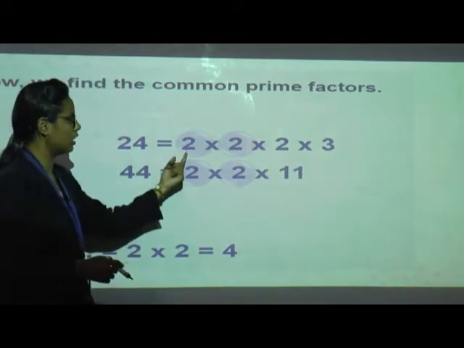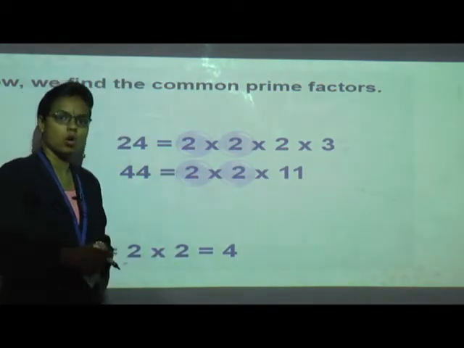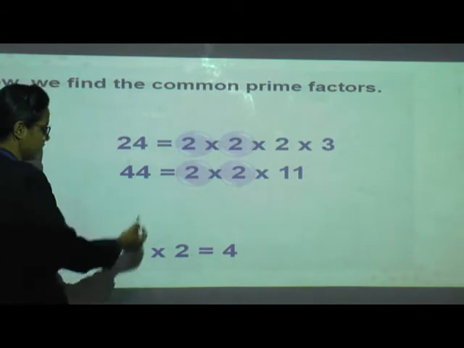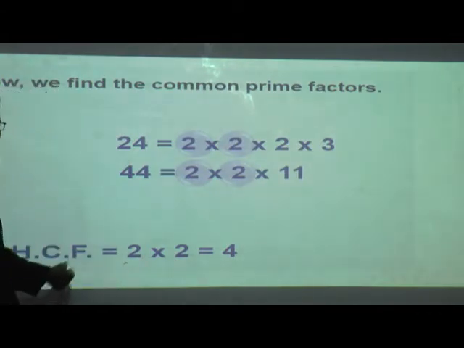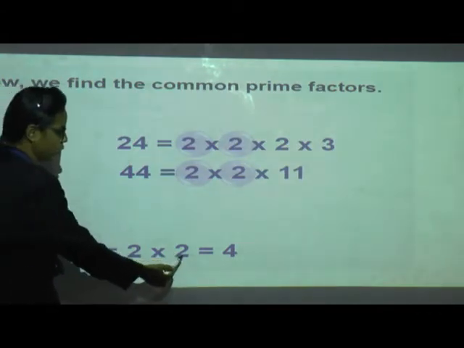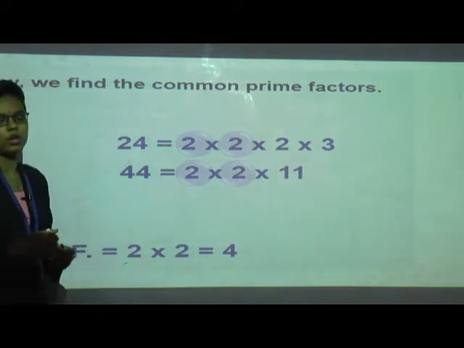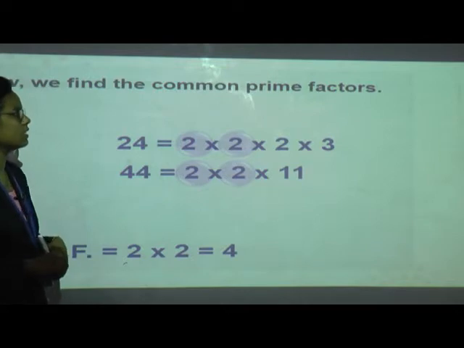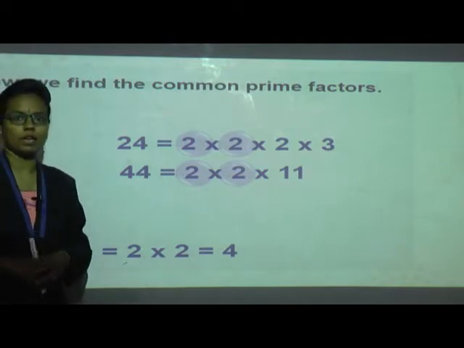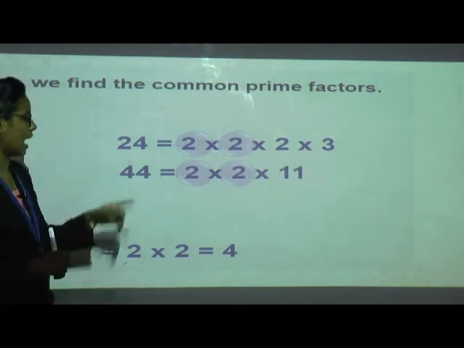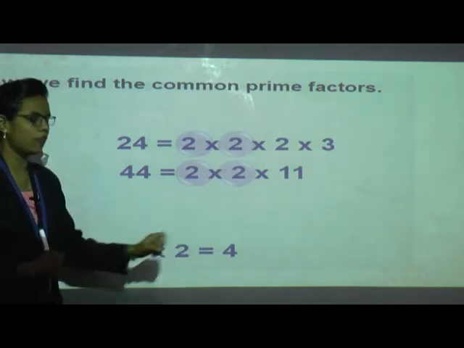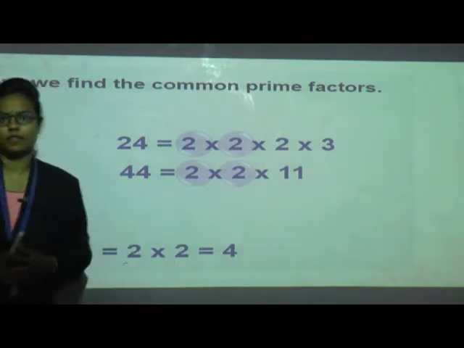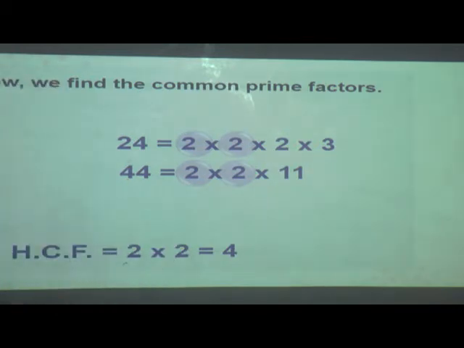So we take only these 2 because those are common. Then the HCF, highest common factor, will be 2 into 2 is equal to 4. So the HCF of 24 and 44 by the prime factor method is 4. In this way we find the common prime factors.